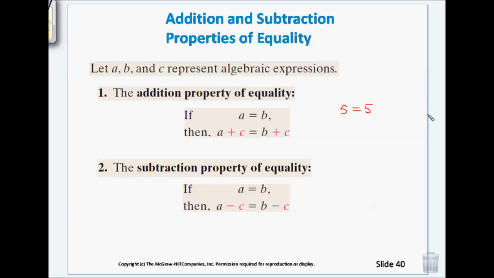We all agree, right? If I add 1 to both sides, it's still true, because 6 equals 6. And likewise, if I start out with 6 equals 6 and I subtract 4 from both sides, it's 2 equals 2 now. So the 2 sides will still stay equal. Balance. Yeah, in balance, exactly.